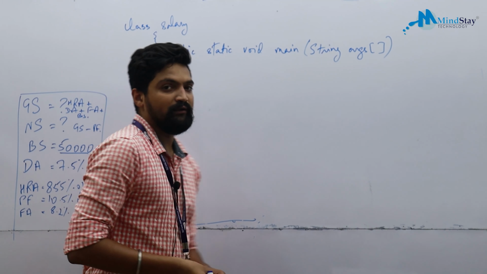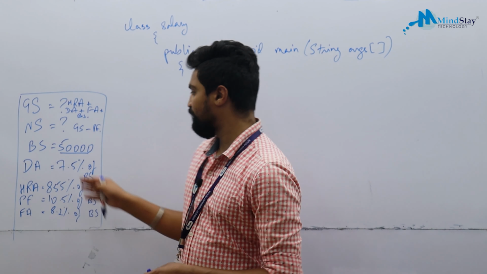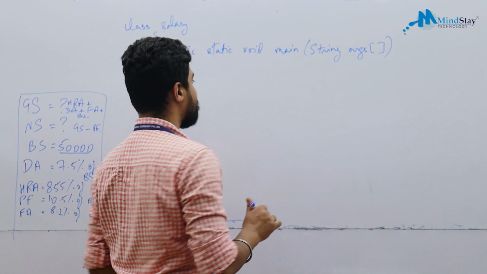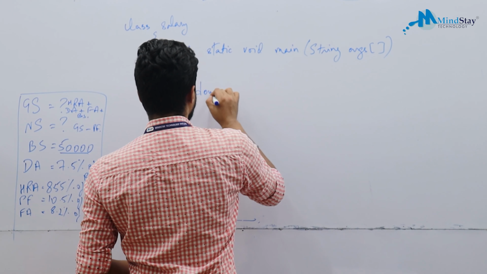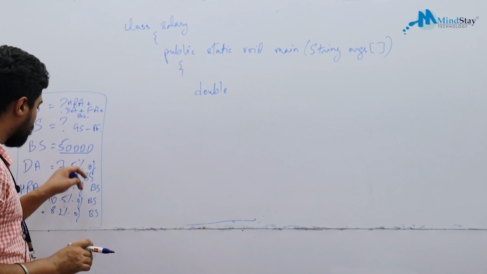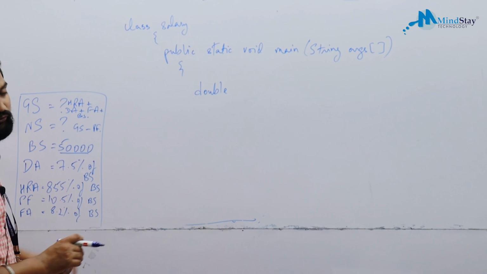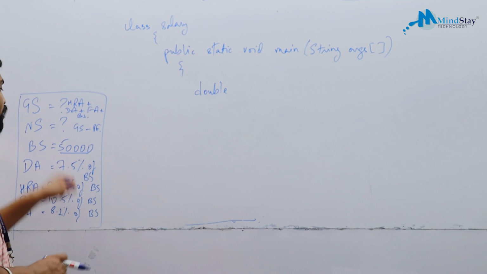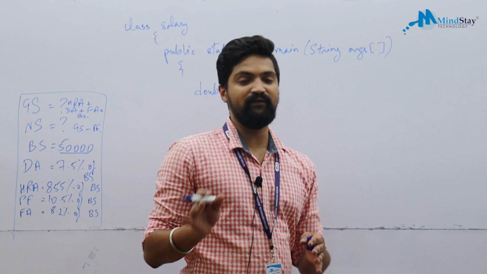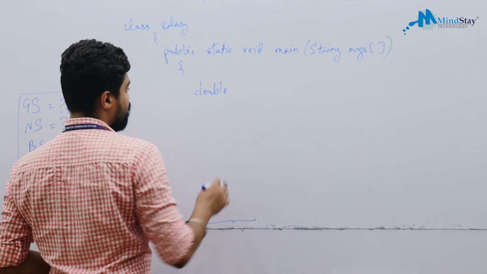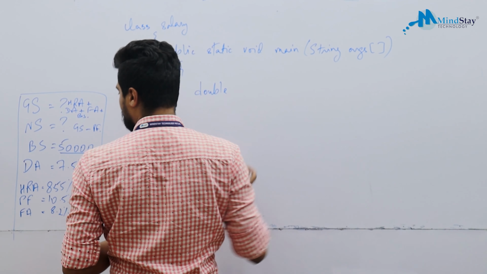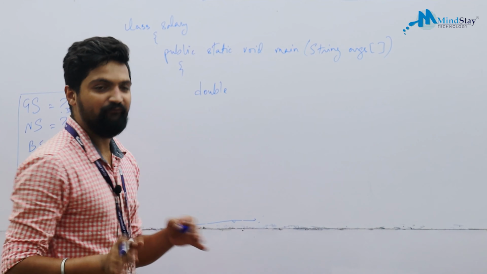Now you might tell me we can take it in float or in double, but I would suggest you take it in double. The reason is that we have a lot of percentages here to calculate, and in that scenario the system handles it more easily and conveniently. So let's say we have double for everything.